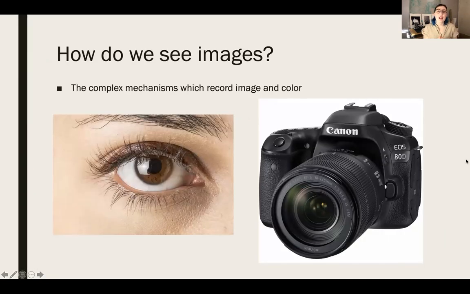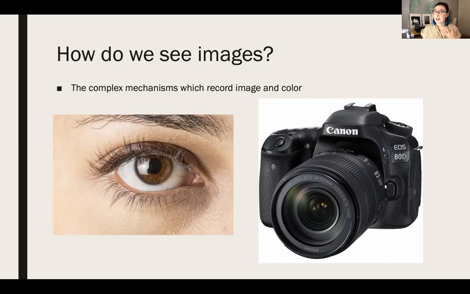Okay, so number one, how do we see images? We see images via a number of complex mechanisms, either mechanical or biomechanisms, meaning of a body, which record image and color.